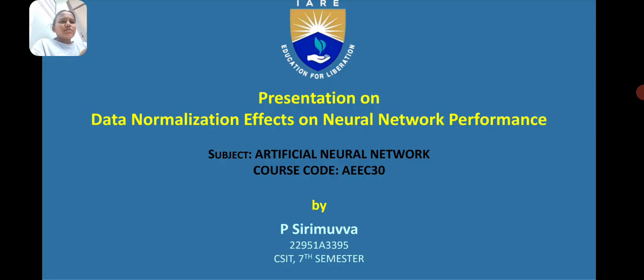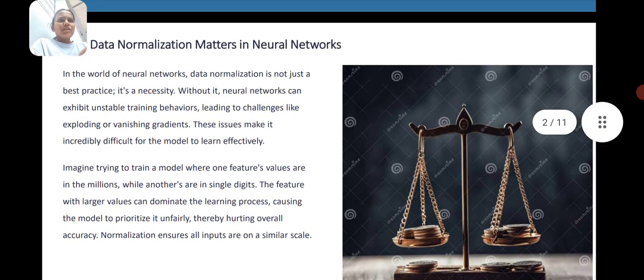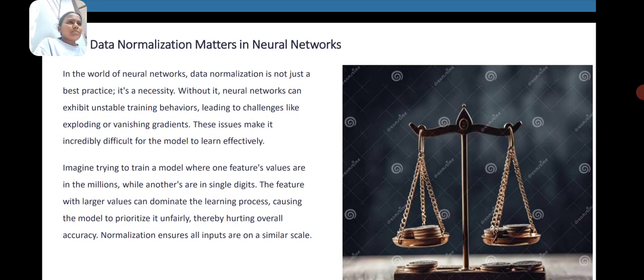Firstly, what is data normalization? Data normalization is a crucial pre-processing step in training neural networks. It involves scaling input data to a specific range or distribution, usually to ensure that all features contribute equally to the model's learning process.